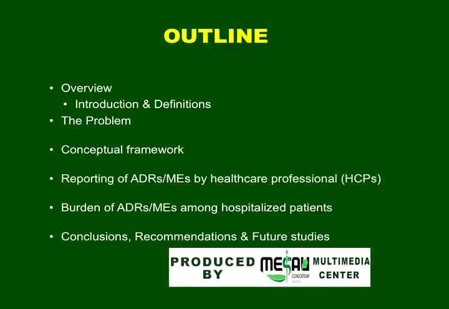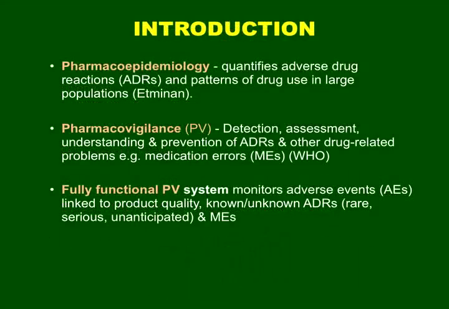Introduction. Pharmacoepidemiology is a science that quantifies adverse drug reactions and patterns of drug use in large populations. Its advantage over randomized clinical trials is the ability to quantify rare, delayed, and unanticipated adverse drug reactions.